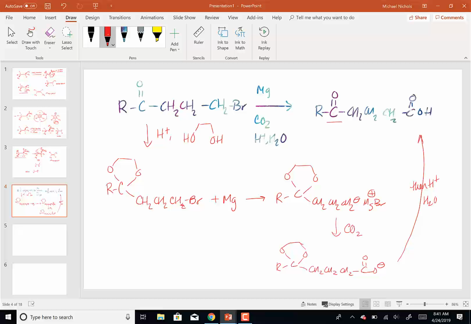Every one of those is unstable to acid and water. Acid and water will take every one of those compounds all the way back to its original aldehyde or ketone. So that's how we can use it to protect.